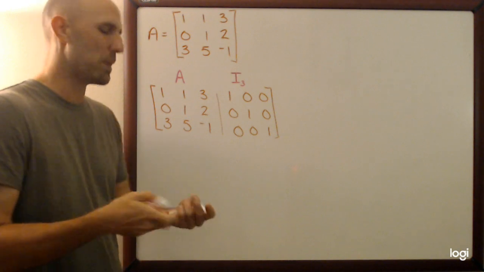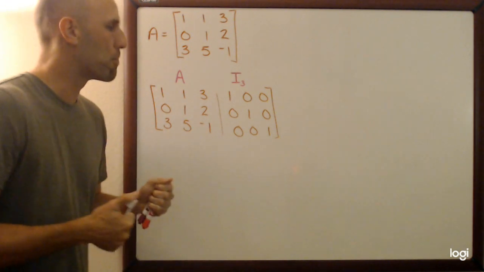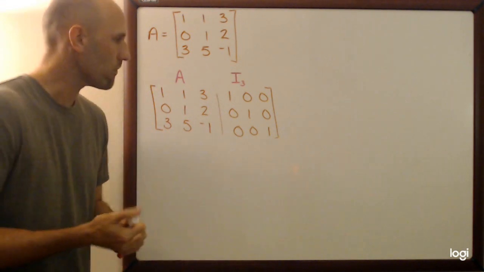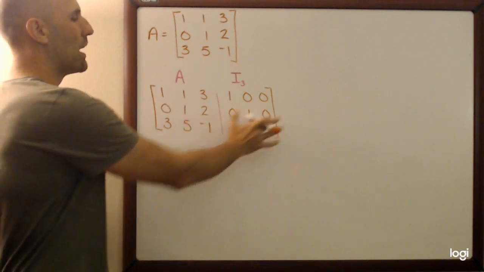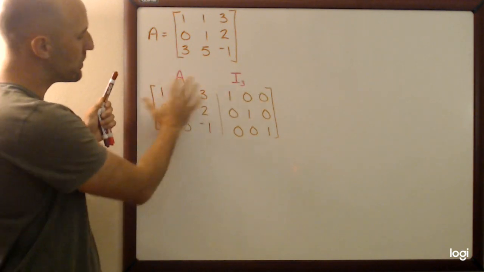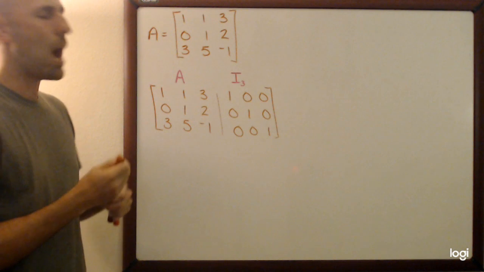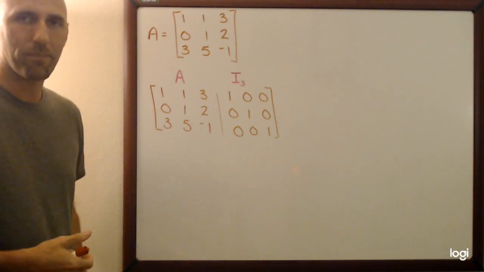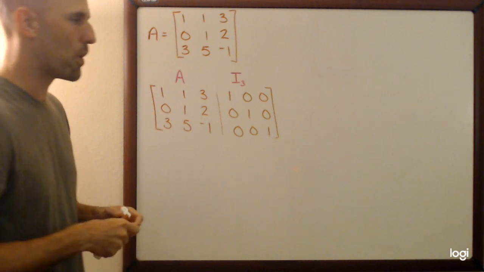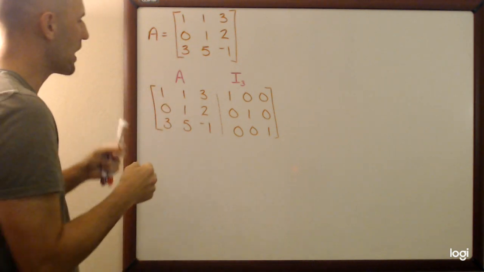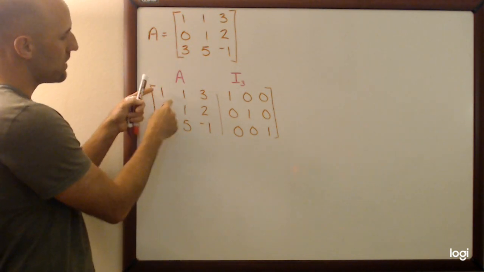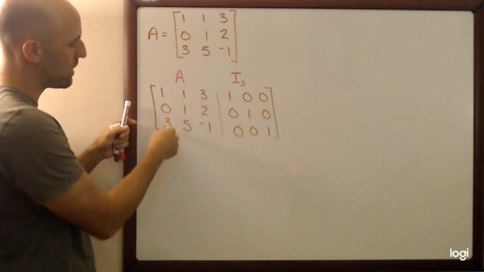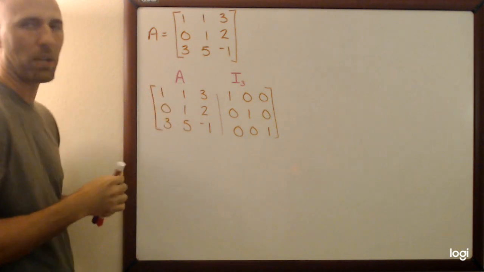This saves me some time. So now the process is simple. I'm going to carry over all my elementary row operations, but my focus is going to be on the left. I would like to put this matrix into reduced row echelon form. Again, reduced row echelon form. That means I not only want lead ones, and I want them staggered, I also want zeros below and above all my lead ones.